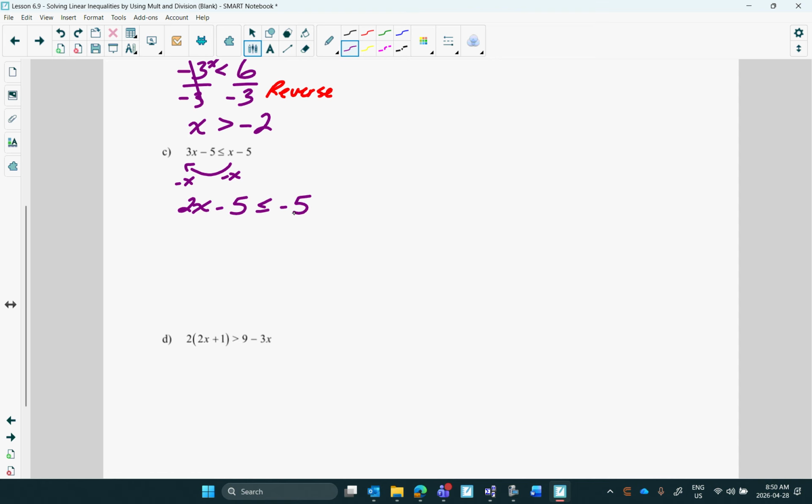Okay. And then add 5 on both sides. 2x is less than or equal to 0. Negative 5 plus 5 is 0. Then divide by 2. And x is less than or equal to 0.